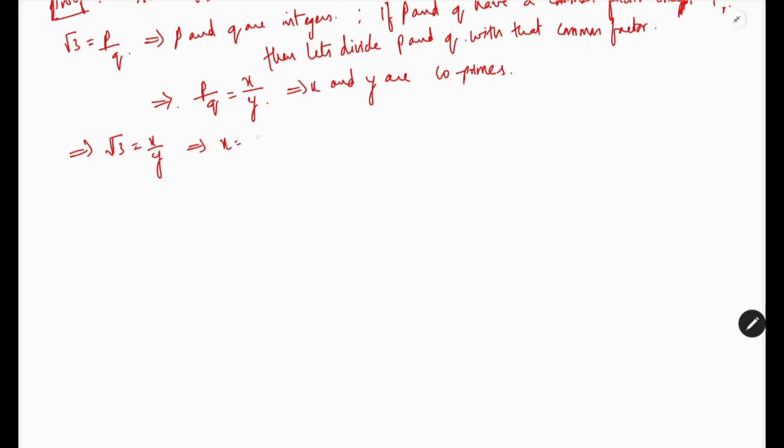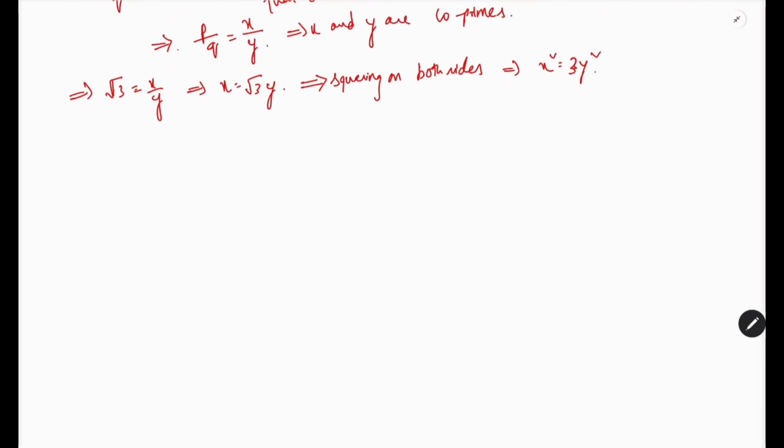When you multiply, X equal to root 3 Y. Squaring on both sides, you get X square equal to 3Y square. From this equation we can tell that 3 divides X square.